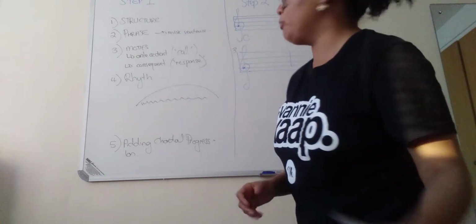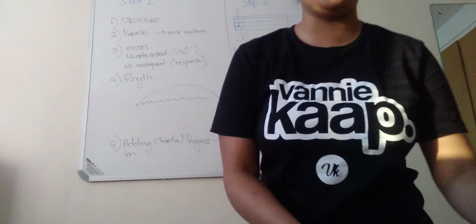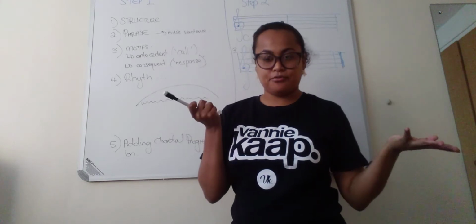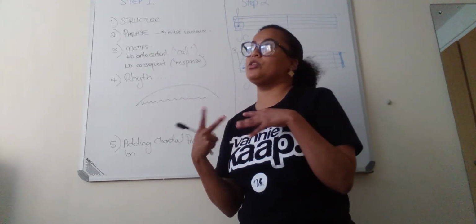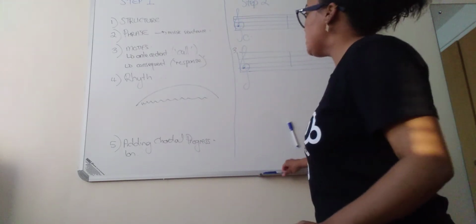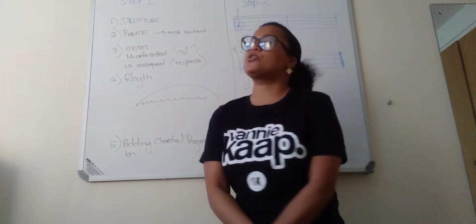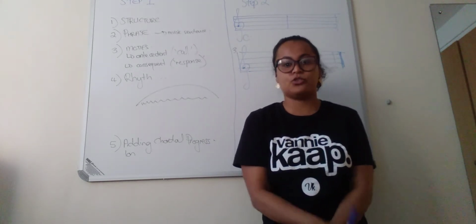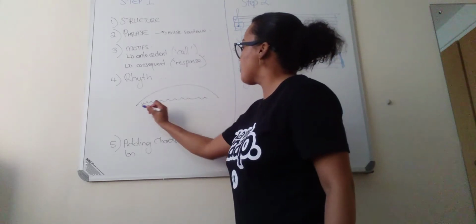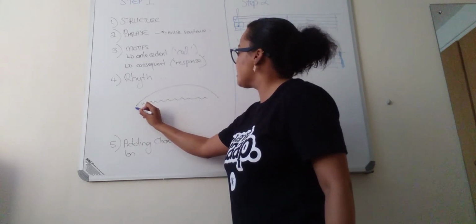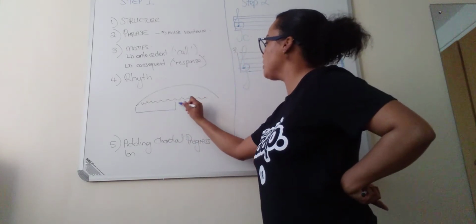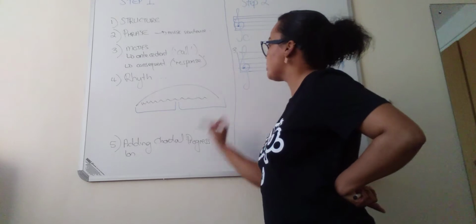Then you have the next pointer, which is called the motifs. Now, what is a motif? Or they call it another word, a subphrase. The motifs basically introduce thematic material to the phrase. We have 2 types of motifs. You have the antecedent, which is your first motif, and then you have your consequent, which is your second motif.